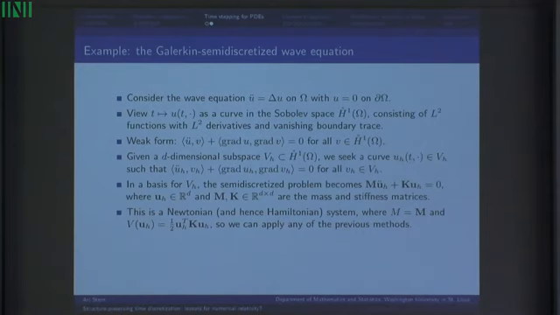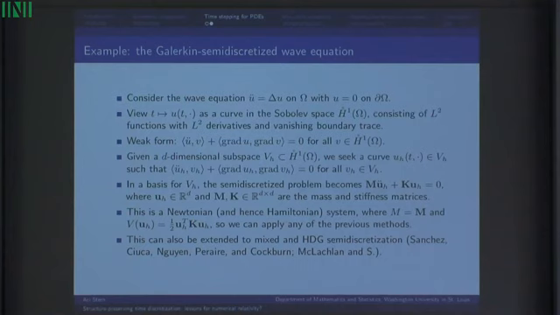And as you can imagine, if you apply a symplectic method, you could use Störmer-Verlet or something like that, we're going to get preservation of the symplectic structure for this problem, and we're going to get near energy conservation. If I were to apply something like RK4 or backward Euler or something like that, I would not have those properties.